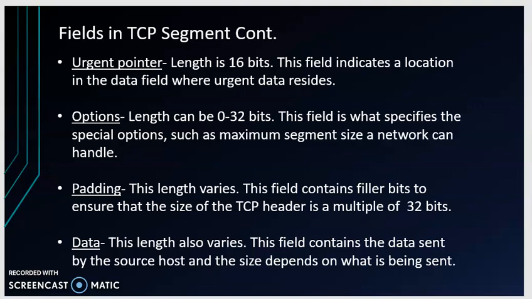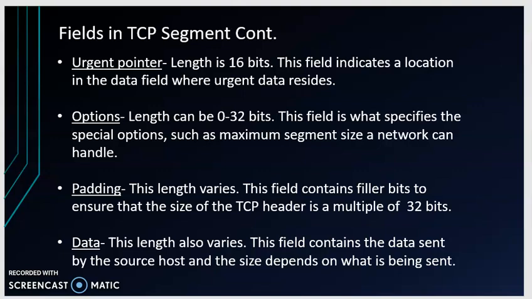The next field is options. The length can be 0 to 32 bits. The field is what specifies the special options such as maximum segment size a network can handle. The next field is padding.